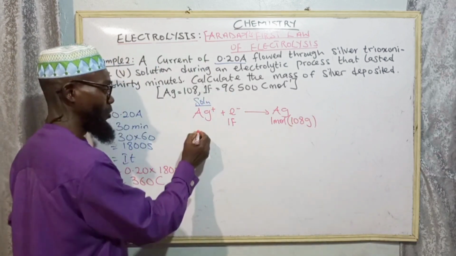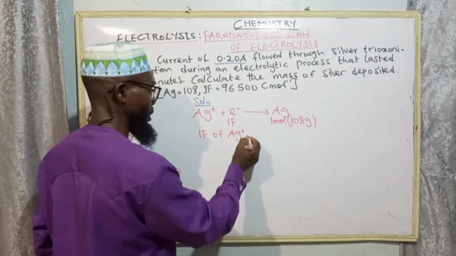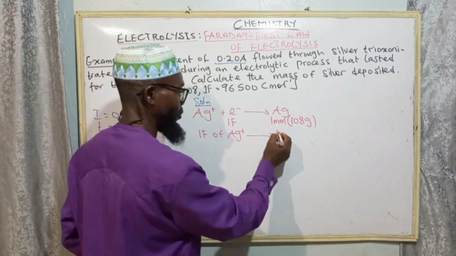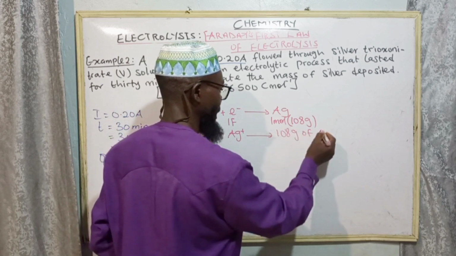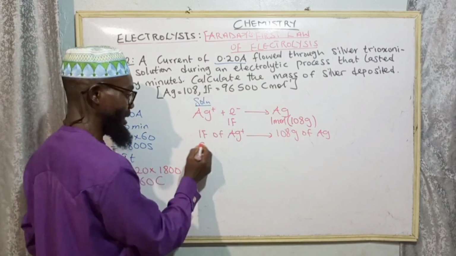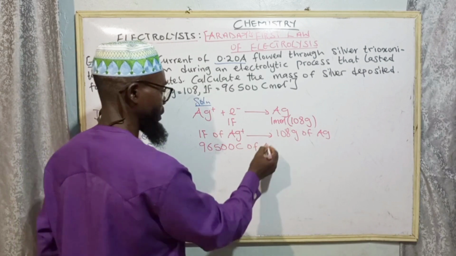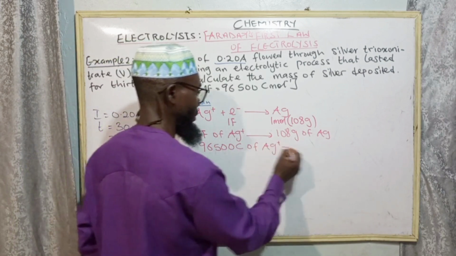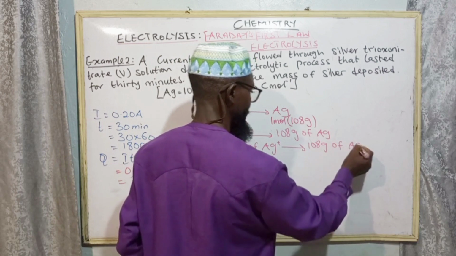So from here, 1 Faraday of silver ion is depositing 108 grams of silver solid. So 1 Faraday means 96500 coulombs of silver ion depositing 108 grams of silver.